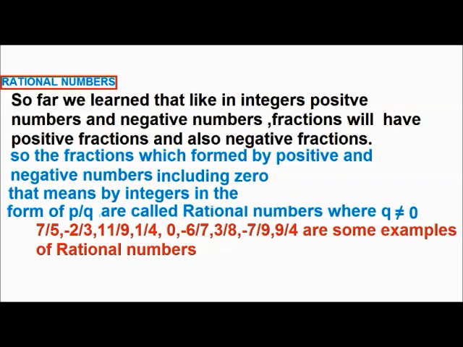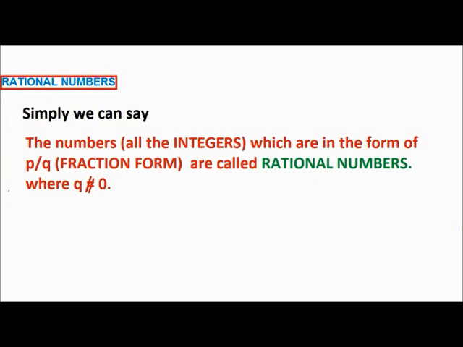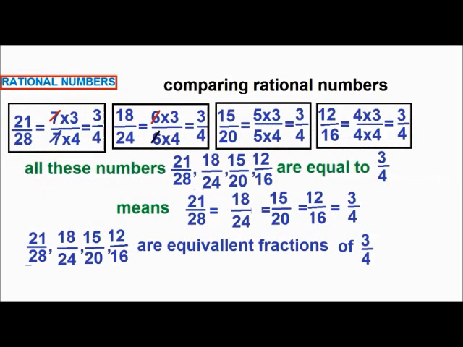Here are some examples: 7 by 5, minus 2 by 3, 11 by 9, 1 by 4, 0, minus 6 by 7 are some examples of rational numbers. Simply, we can say the numbers which are in the form of p by q are called rational numbers, where q is not equal to 0.